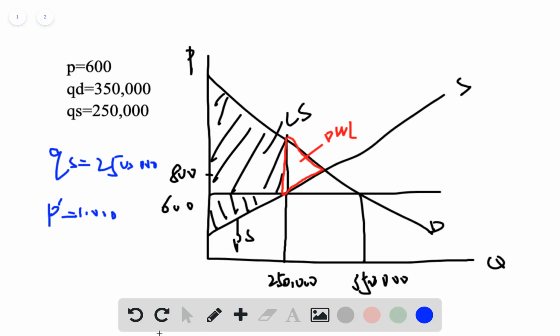That means suppliers can rent 250,000 apartments at the price of $1,000. So basically, that's the result. So this new rent will be $1,000, and it is exactly the highest possible rent that can be charged by those landlords.